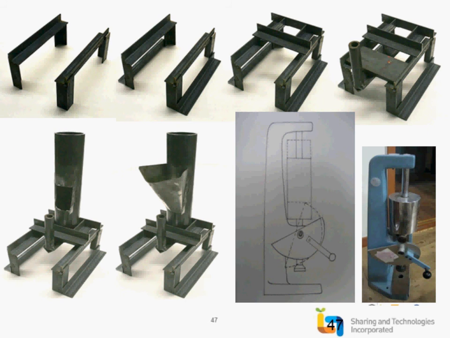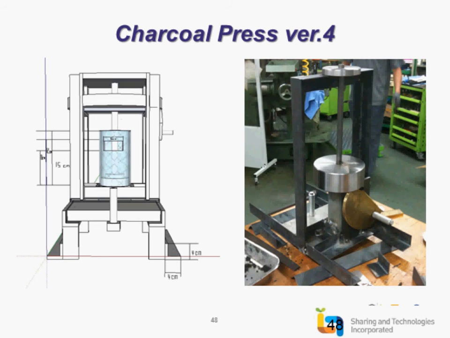Okay. This picture shows some part of compressor. Okay, this is the final version of charcoal press. We improved this part and this part and so on. In order to improve the efficiency of machine, the iterative process is required.